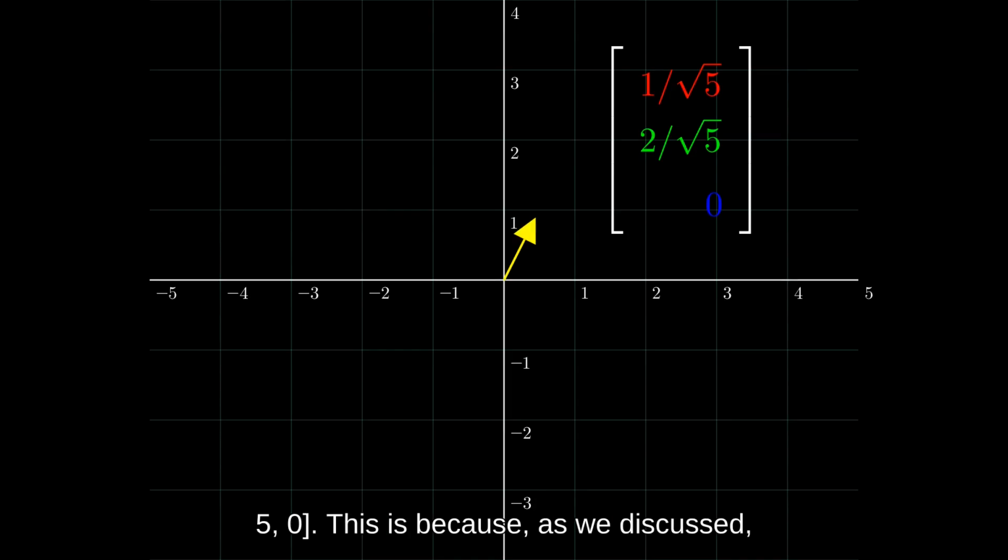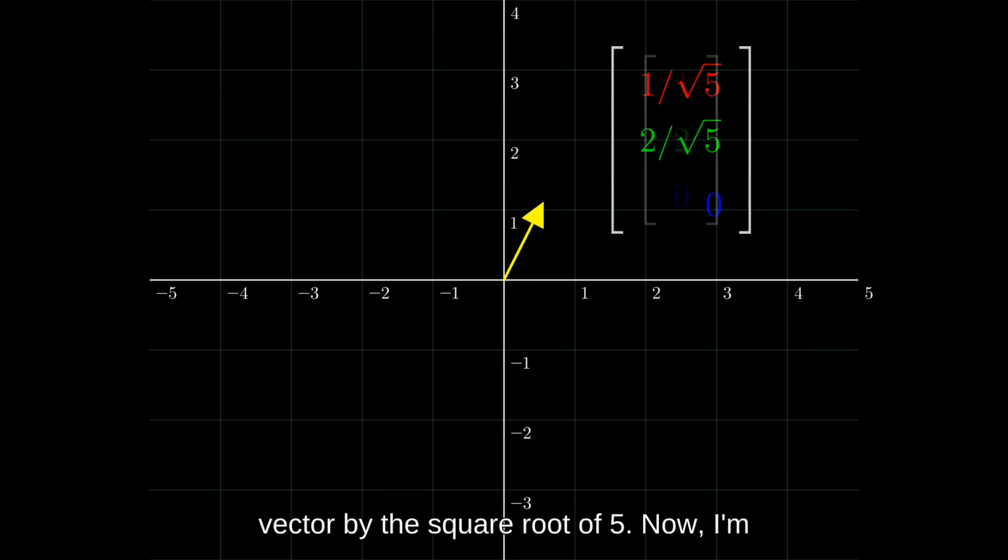This is because, as we discussed, the length of this vector is the square root of 5. So to make it have a length of 1, we just divide the whole thing by the square root of 5, which means that we divide each component of the vector by the square root of 5. To get the original vector back, we just multiply this unit vector by the square root of 5.